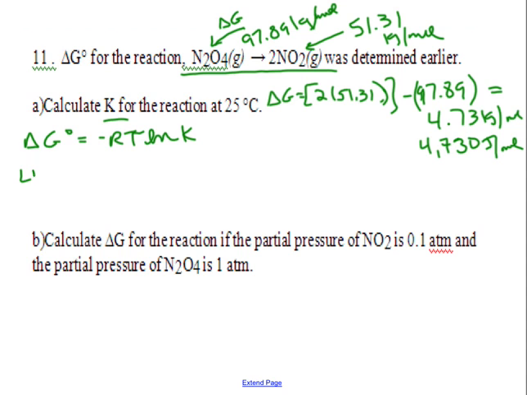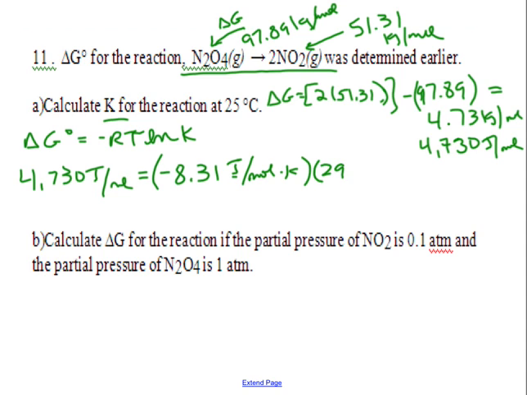So I get 4,730 joules per mole is equal to negative 8.31 right there. That is the reason I need joules, not kilojoules. Times the temperature, we're at standard, natural log of K. All right, so now when you do your division, I'm going to go ahead and divide both sides by this 4,730, and I get negative 1.909 is equal to ln of K. When you're solving for this, I 10 to the both sides to get rid of that natural log.